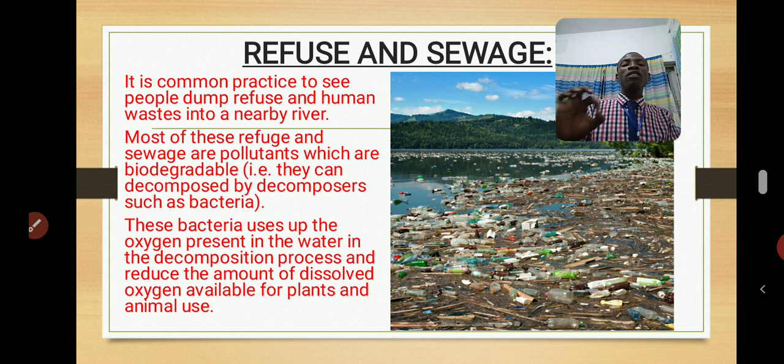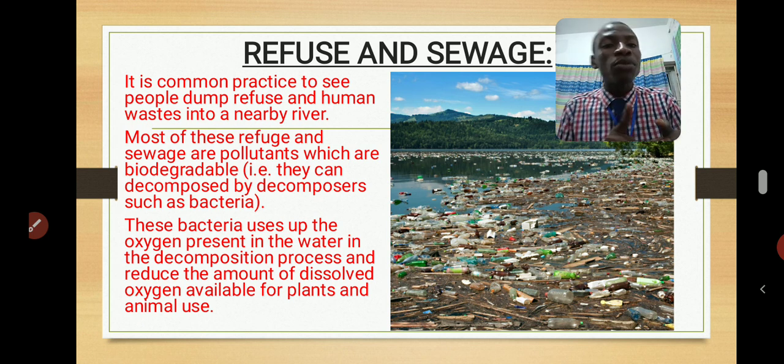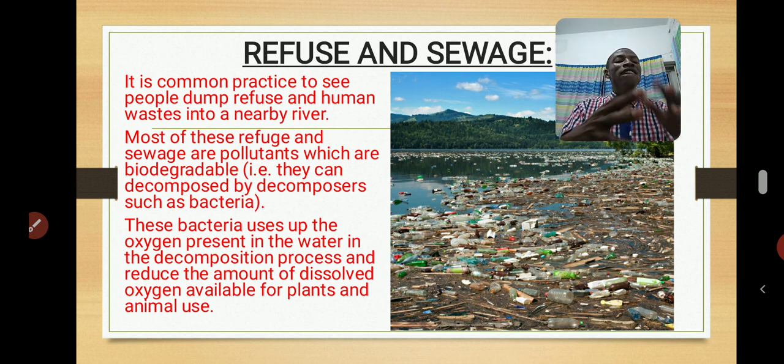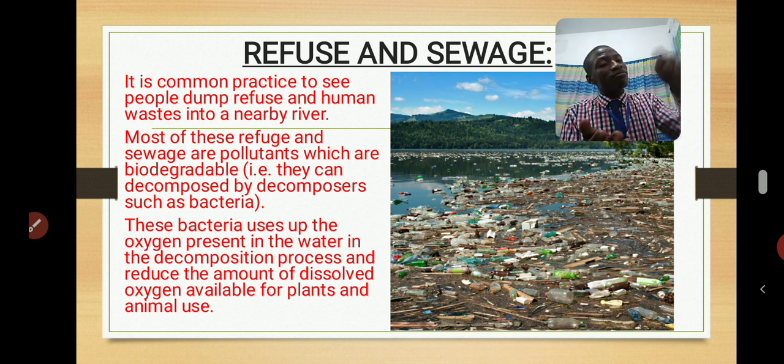Now, most of the sewage, that is dung and all those stuffs, they are biodegradable. Biodegradable means they can be broken down by bacteria whenever they enter the river. Now, when decomposers are acting on this sewage, decomposers use up oxygen in the water.